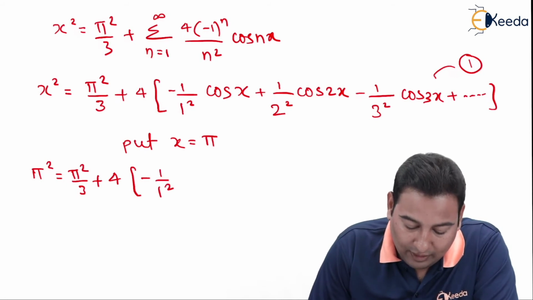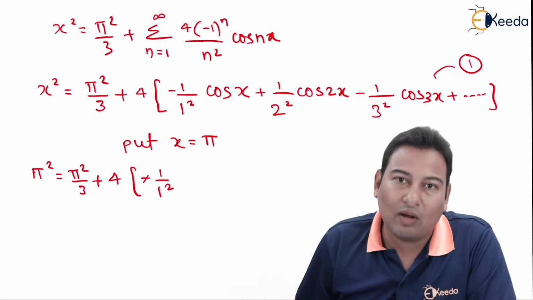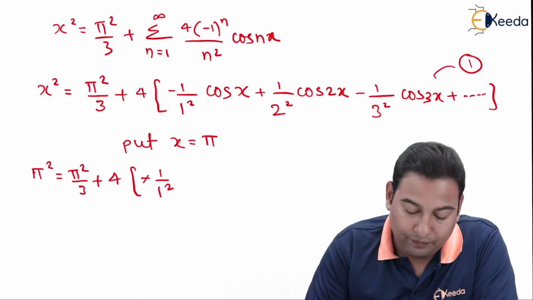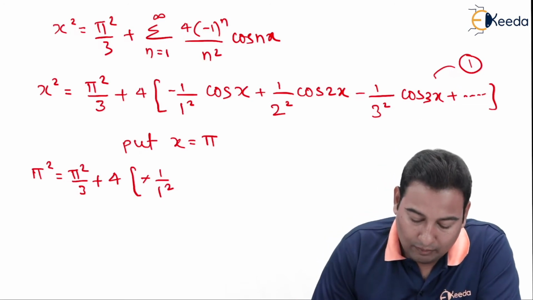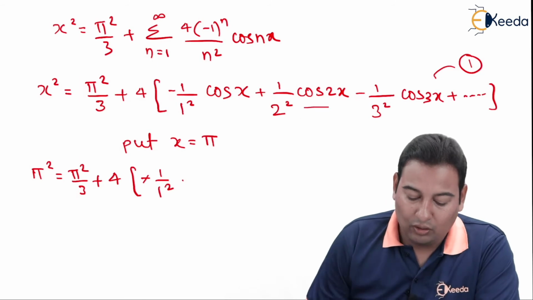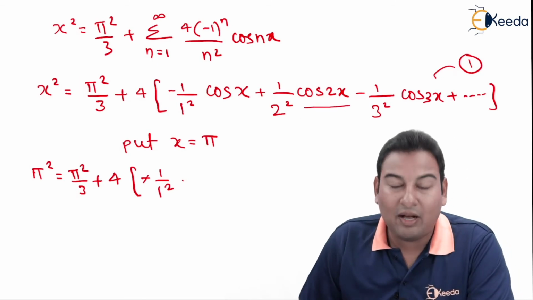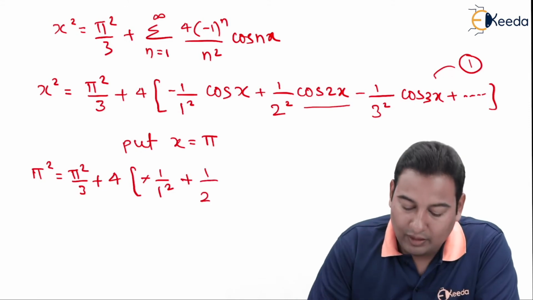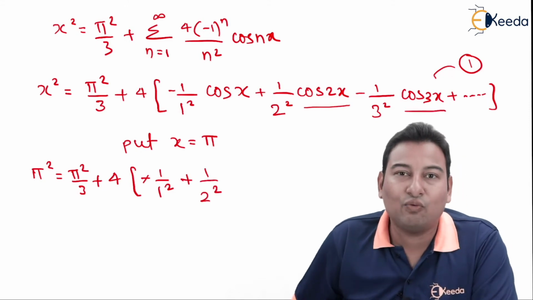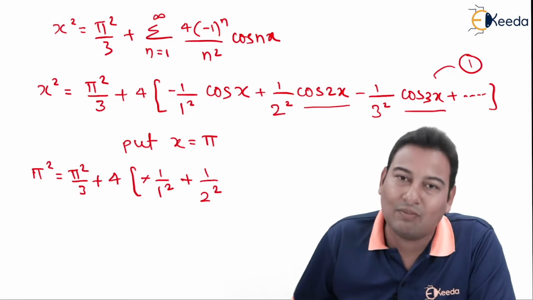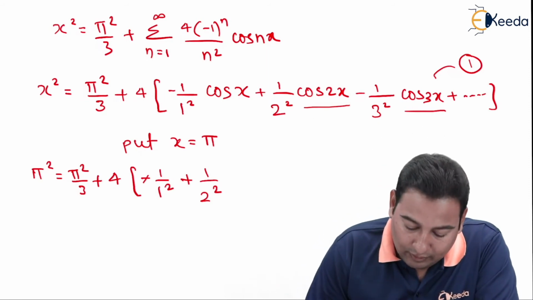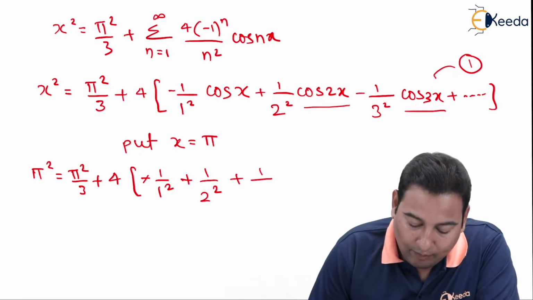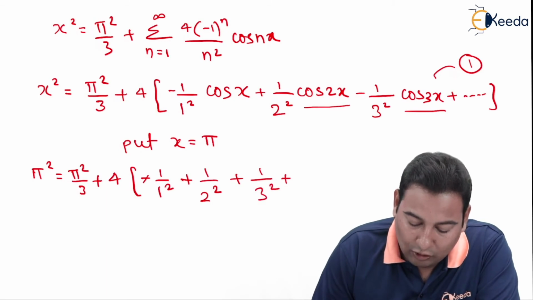Therefore, that minus 1 and this minus 1 will be gone and we'll get 1 upon 1 square. If we put x as pi here, this will become cos 2 pi and cos 2 pi is 1, that is 1 upon 2 square. If we put x as pi here, this will become cos 3 pi. Cos 3 pi is minus 1. Therefore, it will again become 1 upon 3 square plus dot dot dot.